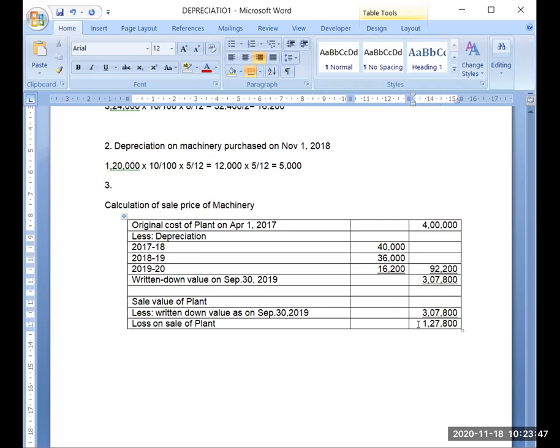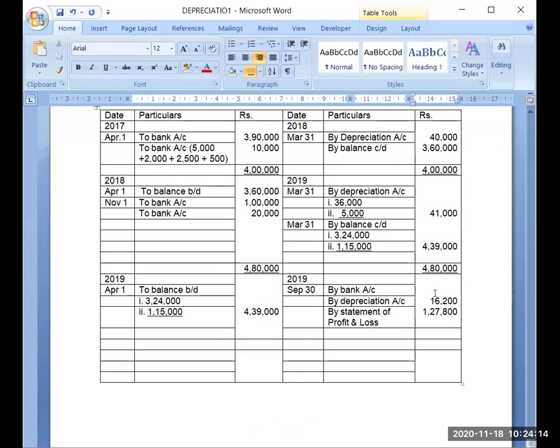So 3 lakh 7,800 minus 1,27,800 gives 1 lakh 80,000. So the bank amount will be 1 lakh 80,000. Instead of writing plant, please change the word to machinery.